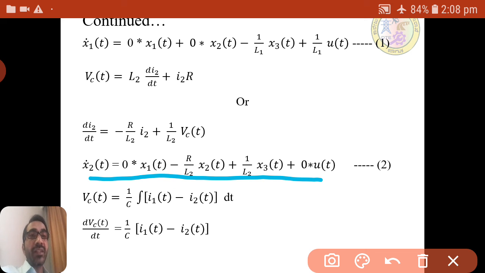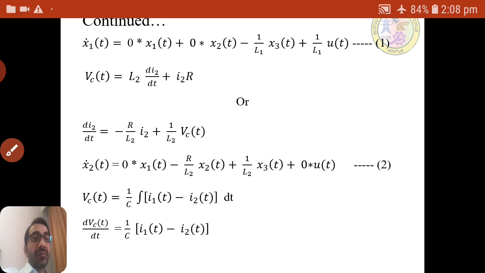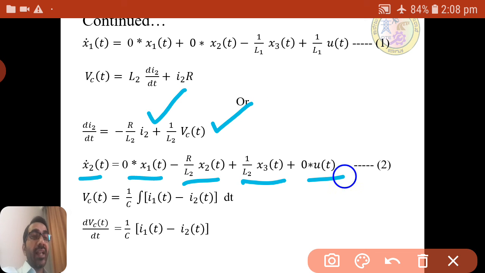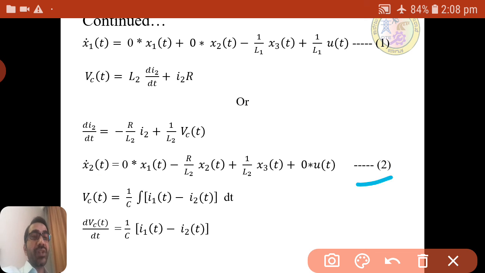I2 is nothing but x2, and Vc is nothing but x3, and no u of t term is there. So x2 dot of t is equal to: the first variable is absent here, the second variable I2 is there, the third variable Vc of t is there, and the input is not there, so that is 0 into u of t. This will be considered as equation number 2.